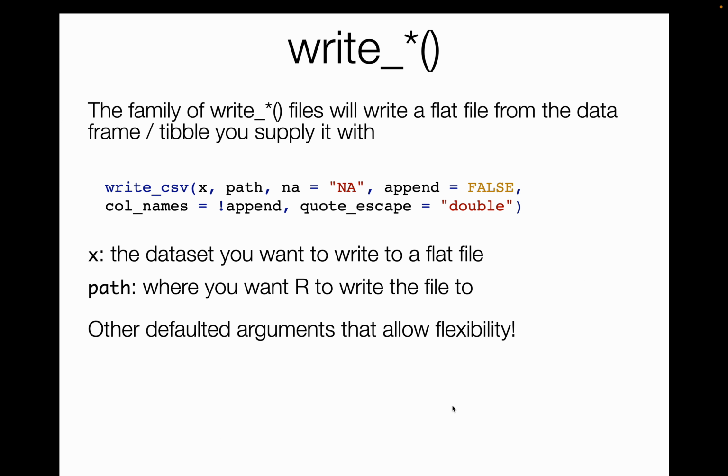Now, what if you want to take the data that you just worked with in R and put it in a CSV? So you might find yourself working with someone else who doesn't know R, or you might find yourself working with a data set that you want to use elsewhere. So something that might be common is if you were a data scientist and you were happening to work in multiple languages.